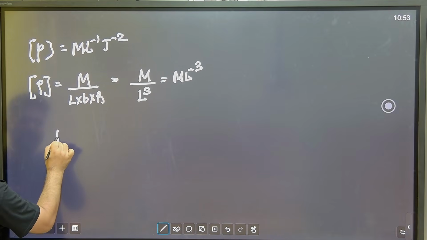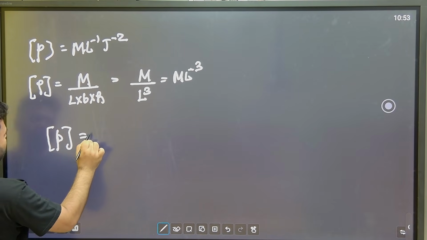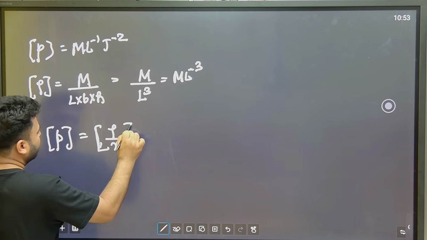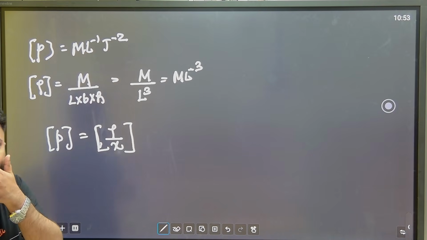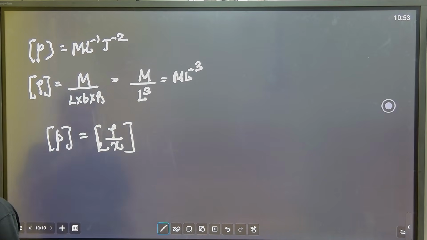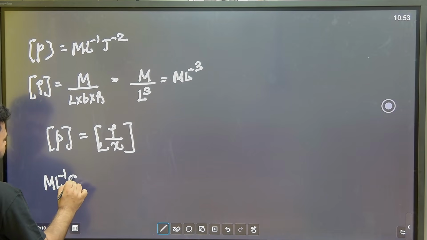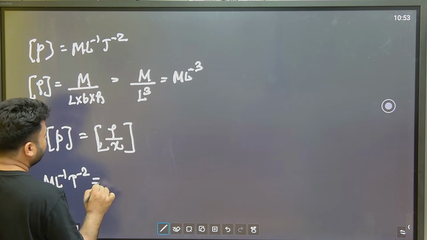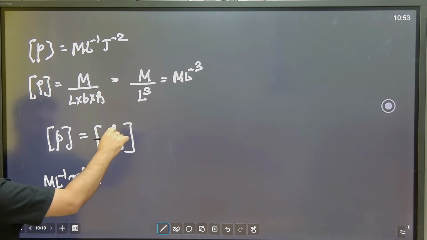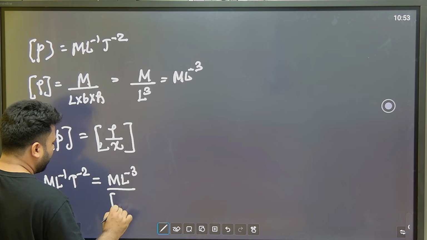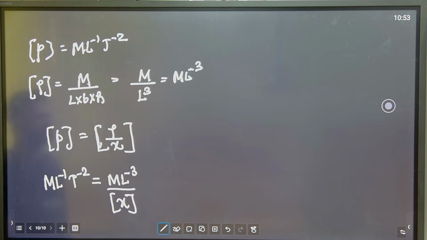Now we know that the dimension of pressure will be equal to the dimension of density divided by X. Correct? So we can write: the dimension of pressure was M L minus 1 T minus 2, the dimension of density is M L minus 3, divided by the dimension of X. M cancelled.